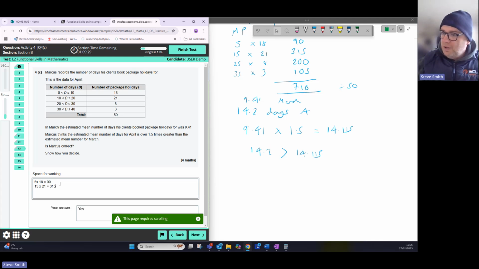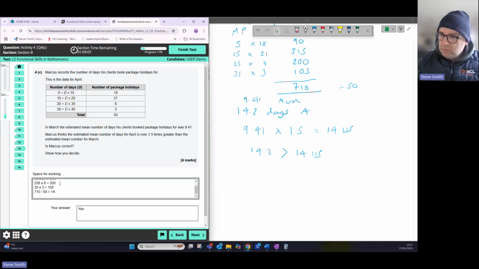Then we've got 25 times 8, which was 200. Then we've got 35 times 3, which is 105. That equals 710. Then we divide 710 by 50.